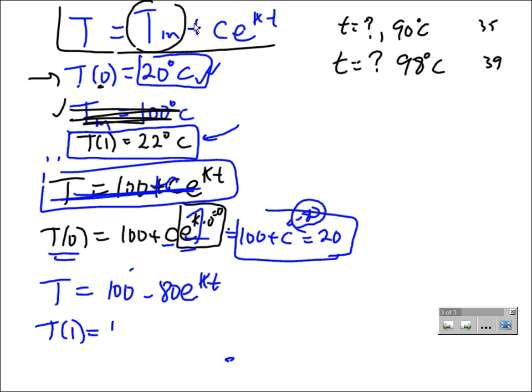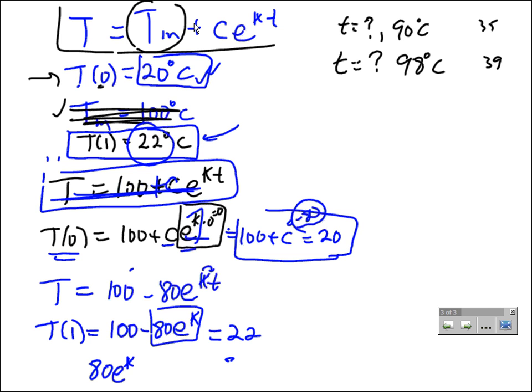T of 1 on one hand is 100 minus 80 times e to the k times 1, which is just e to the k. And on the other hand, they tell me it's 22. Well, 100 minus what gives you 22? Whatever that answer is, that's what 80 times e to the k is going to be, and that answer is 78.